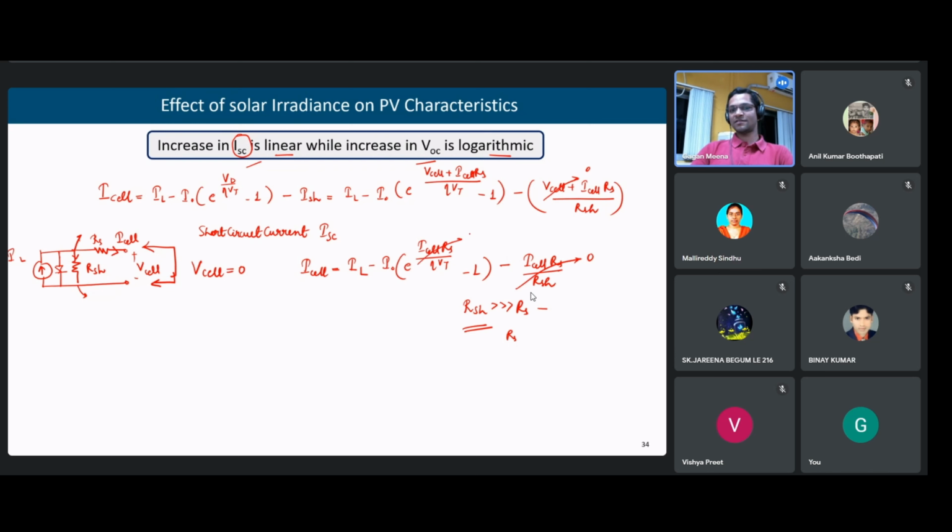So e raised to power 0 minus 1, this entire quantity will become 0, right? So I cell will become IL, which is the same as the short circuit current. So the short circuit current varies approximately linearly with respect to the light generated current. Any doubt up to this point?